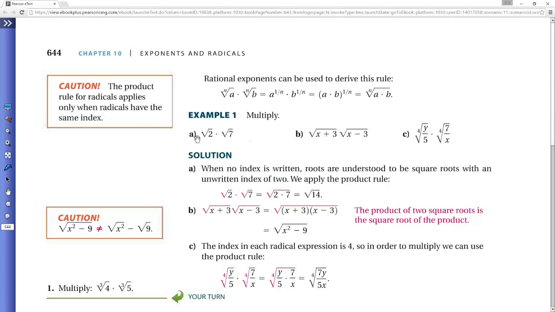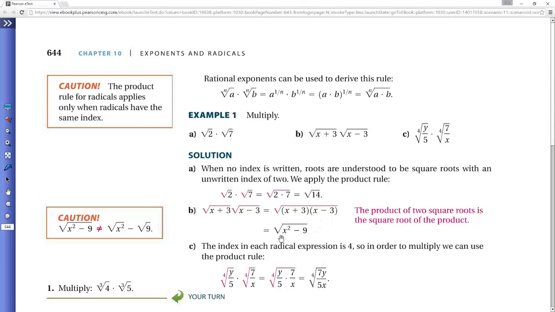So using this rule, like example A here, I have the square root of 2 times the square root of 7. Well, I can rewrite that as a square root of 2 times 7, or the square root of 14. Here they have a little more complex expressions here. The square root of x plus 3 times the square root of x minus 3 would be the same as writing it as the square root of those two things multiplied, and that's difference of squares.